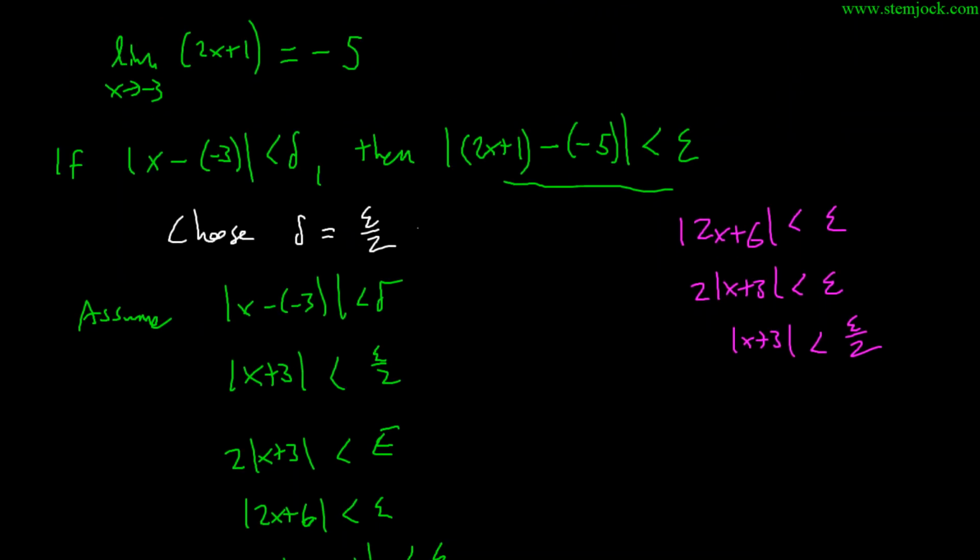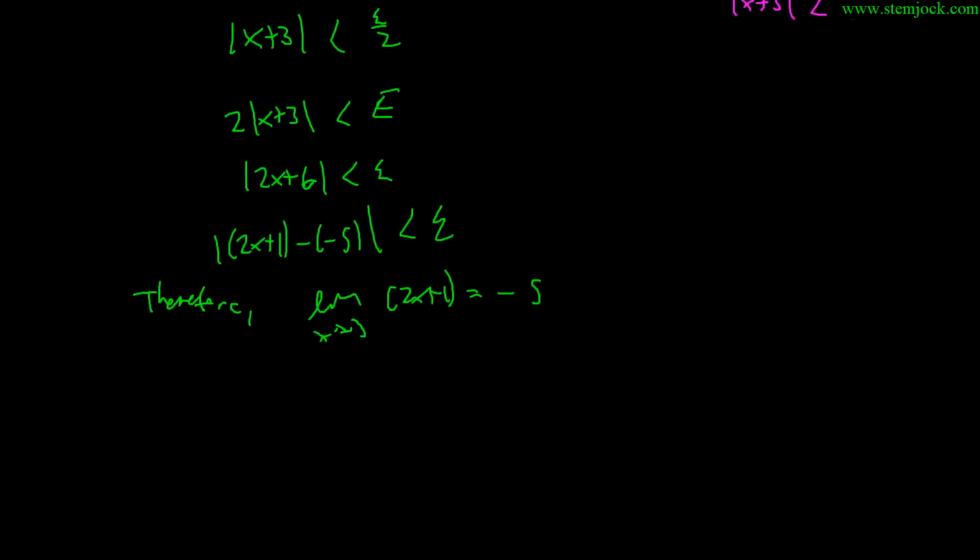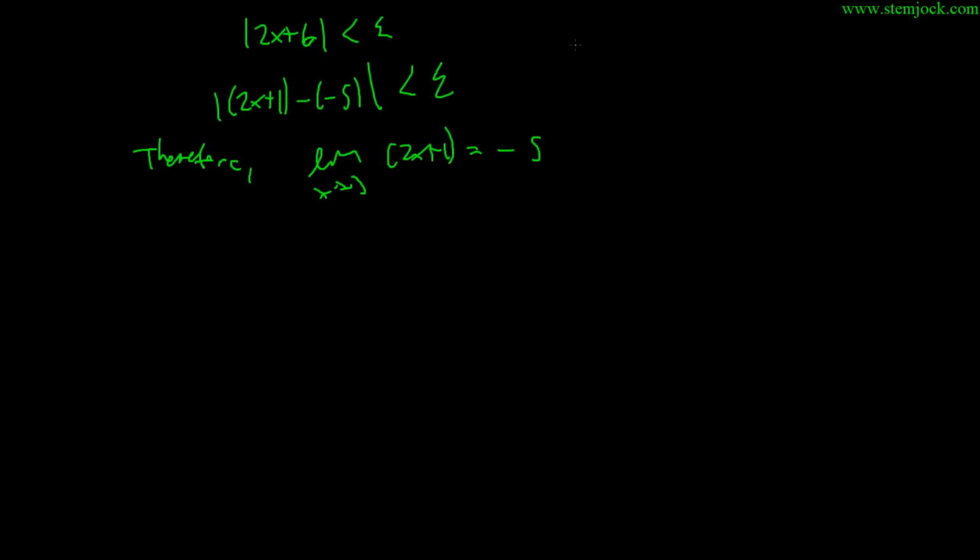I'm going to give you one more example. Let's take, for example, the limit as x goes to 7 of negative 5x plus 1. If I plug in 7 for x, that gives me negative 35 plus 1, which is negative 34.